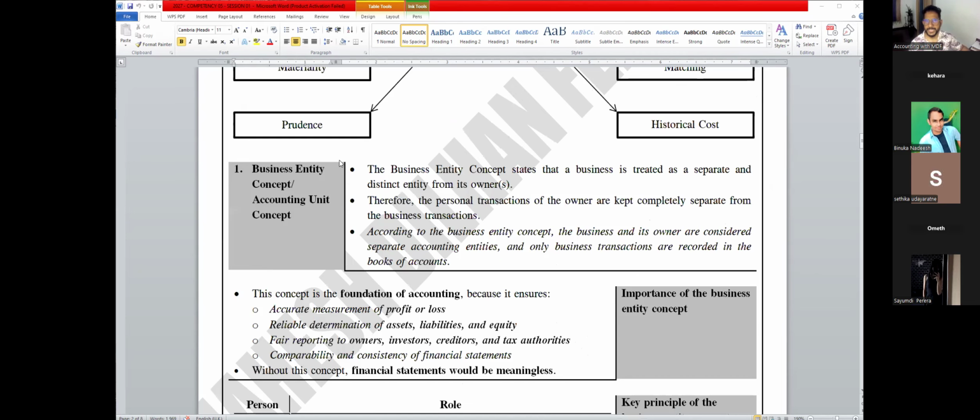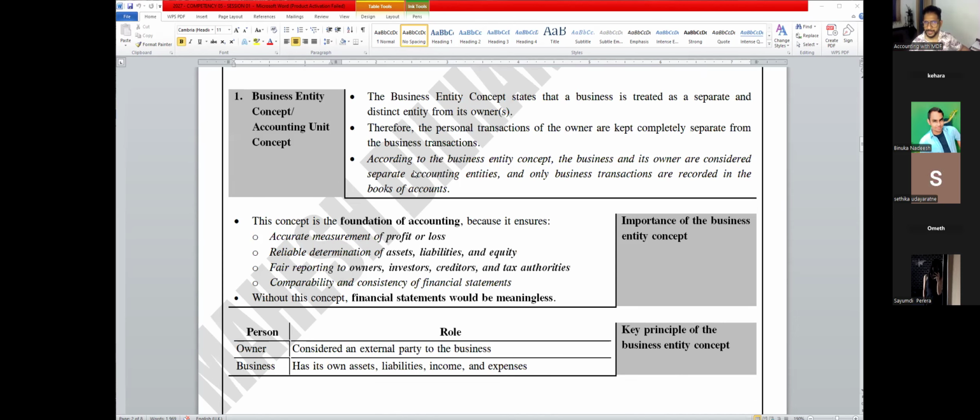Business entity concept. Those who can remember, I explained this. I discussed the accounting unit concept in competency 1, when I was explaining the subject of accounting. Accounting unit or business entity.